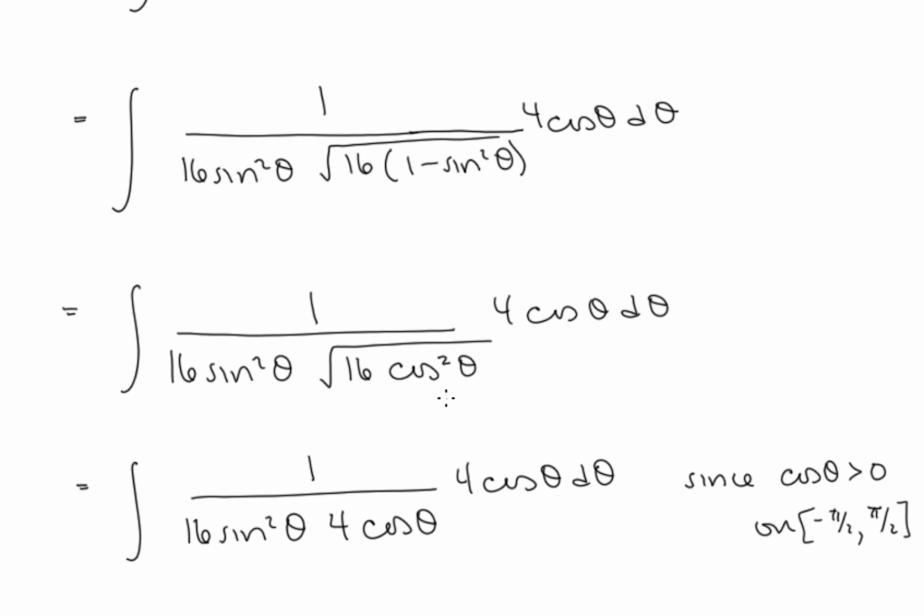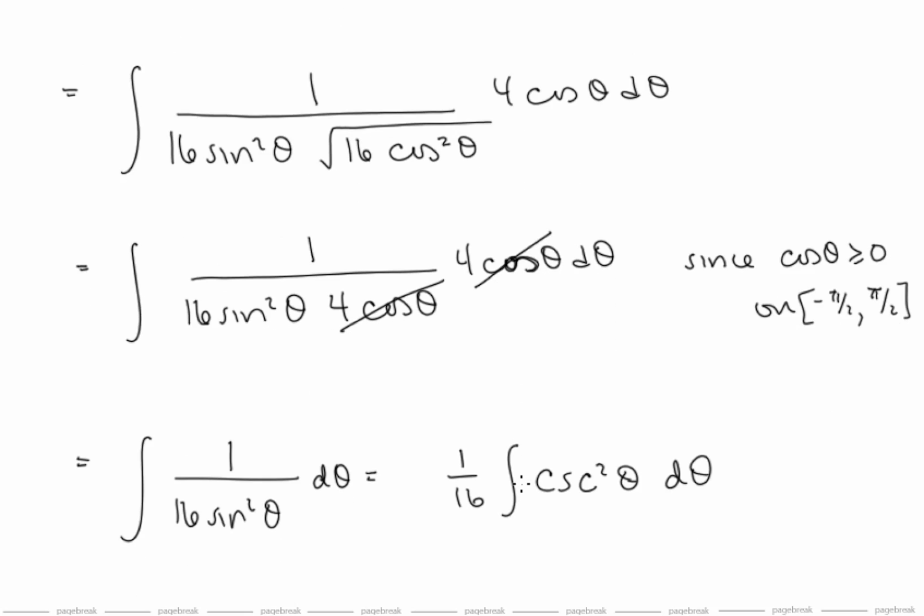And then we can simplify here to 4 cosine theta, again because cosine theta is greater than or equal to 0 on this interval. Now we can cancel the 4 cosine theta in numerator and denominator, and we're left with 1 over 16 sine squared theta d theta. So we can pull out the 1/16, and this is cosecant squared theta d theta.